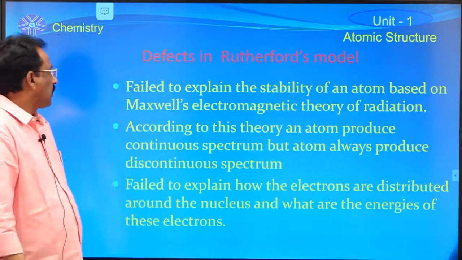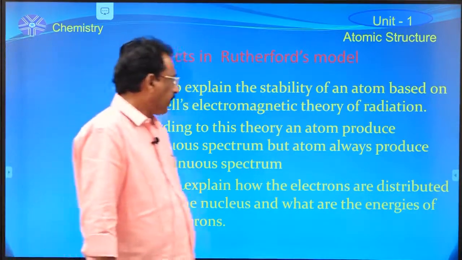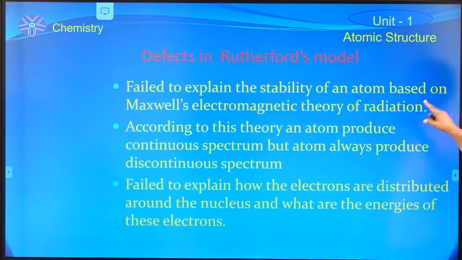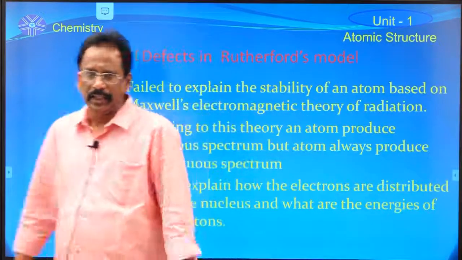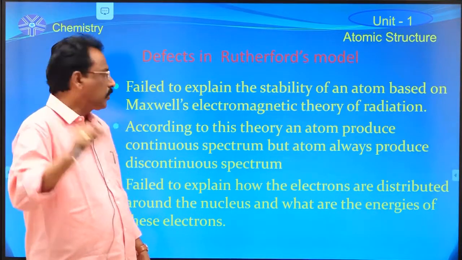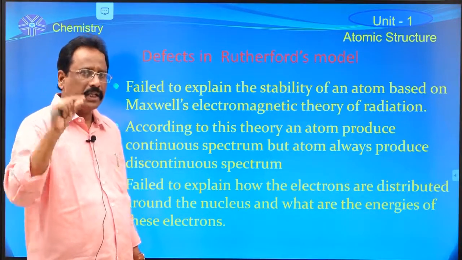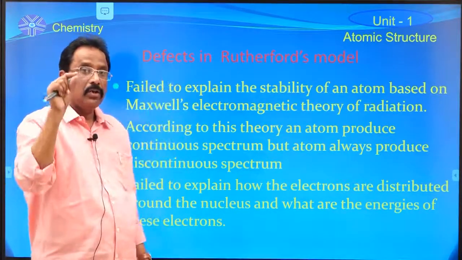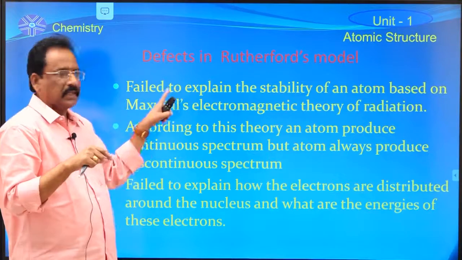And there are so many defects in this atomic model. The first defect in this atomic model is that this model failed to explain the stability of an atom based on Maxwell's electromagnetic theory. That means the properties of light were proposed by Maxwell. According to Maxwell's electromagnetic theory of radiation, every revolving charged particle must lose its energy continuously. Here the charged particle is the electron.